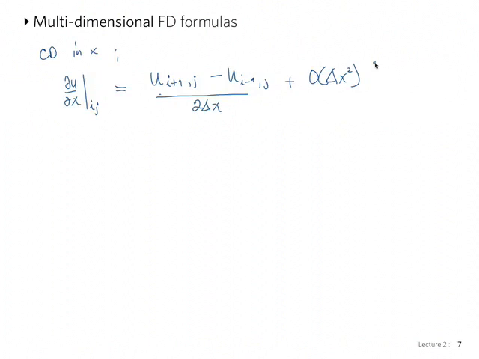We can find a second order difference formula, so let's write that one down, just in case. The second order CD formula for the second derivative, we're going to use that one too.